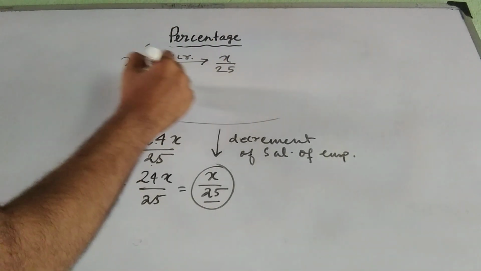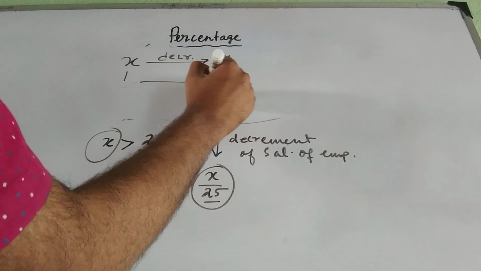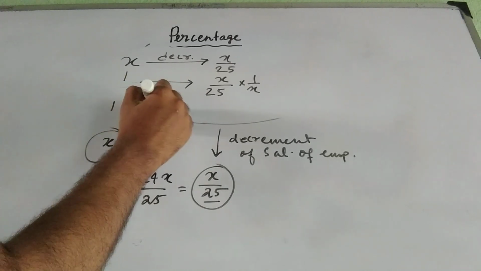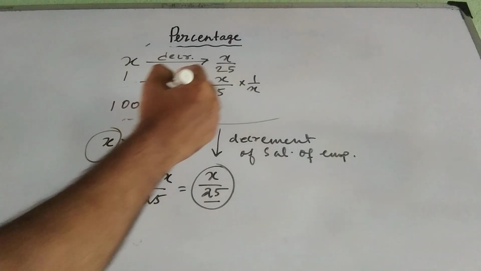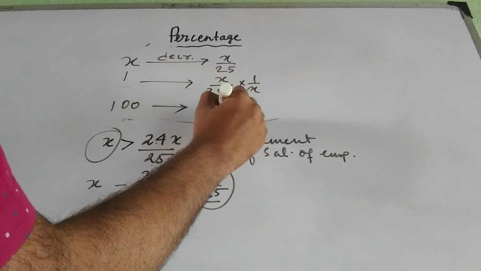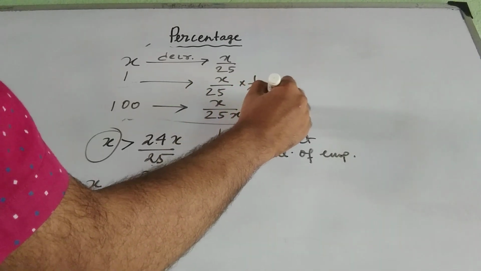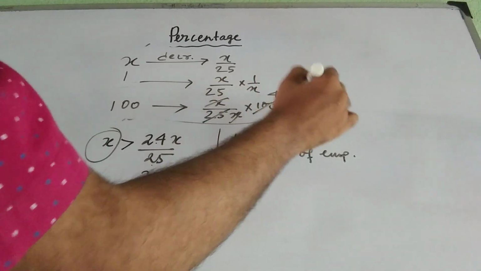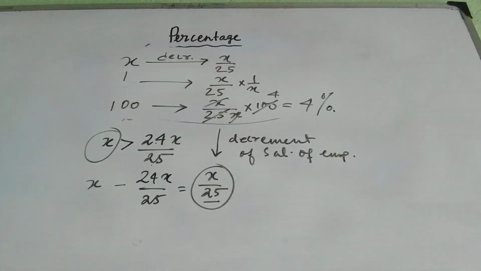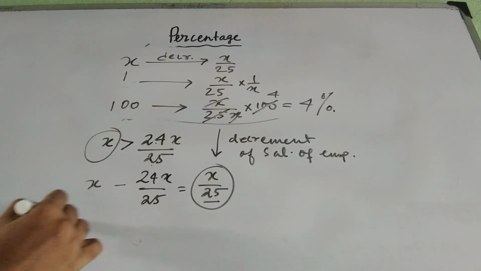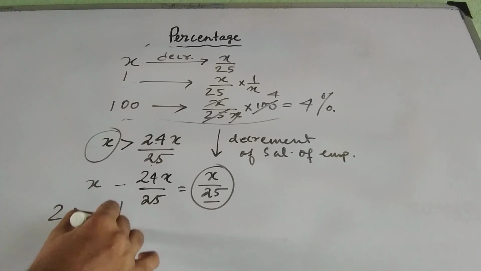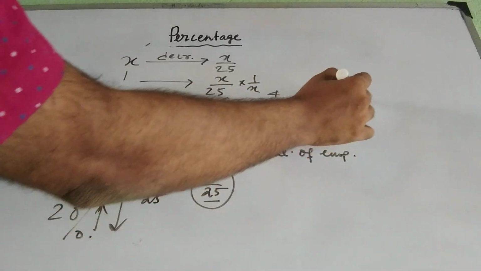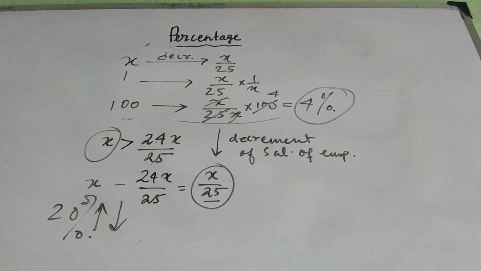By the unitary method, on 1 it is X by 25 into 1 by X. On 100, it is X by 25X into 100. X goes off, and 25 into 4 gives 4%. So after this 20% increase and then 20% decrease, the initial salary has finally decreased by 4%.